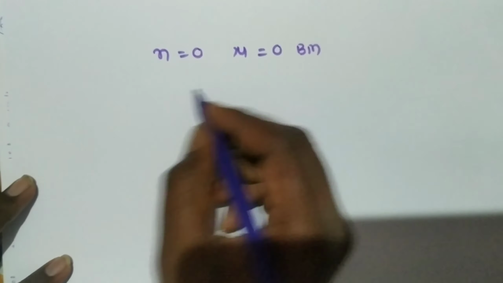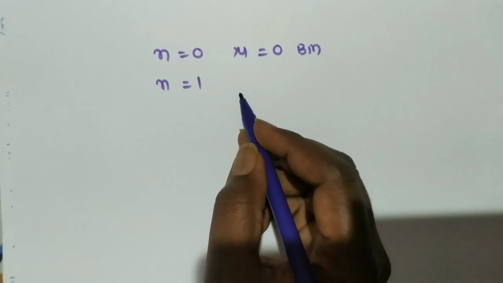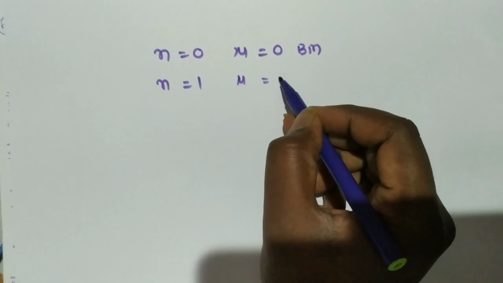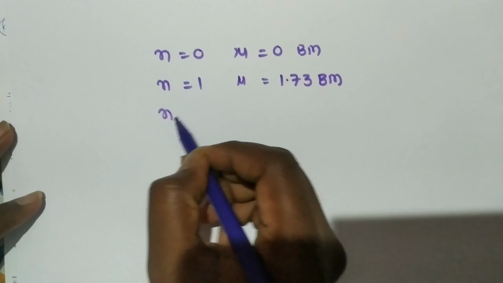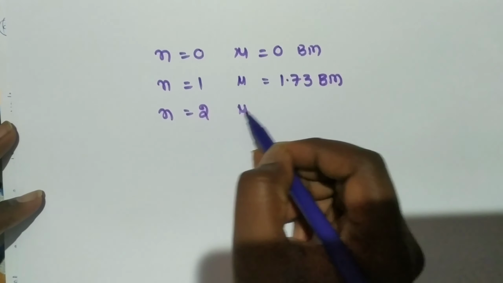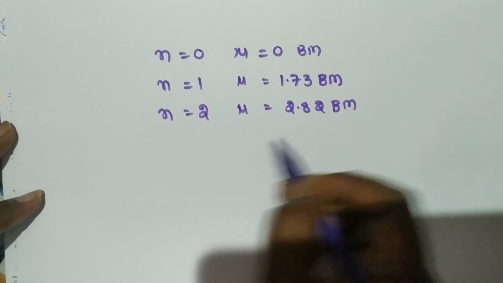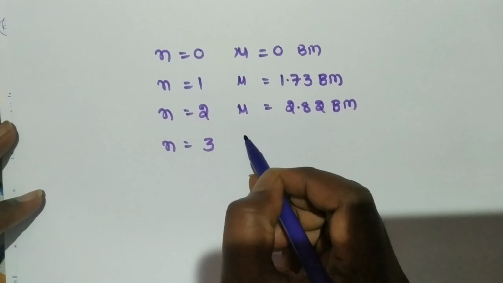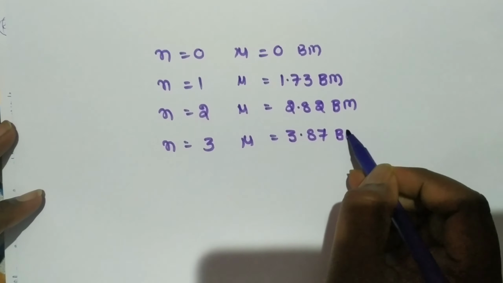0 Bohr magnetons. If the n value is 1, the mu value will become 1.73 Bohr magnetons. N value 2, mu value 2.82 Bohr magnetons. N value 3, mu value will become 3.87 Bohr magnetons.